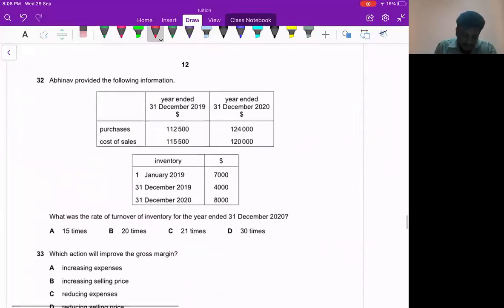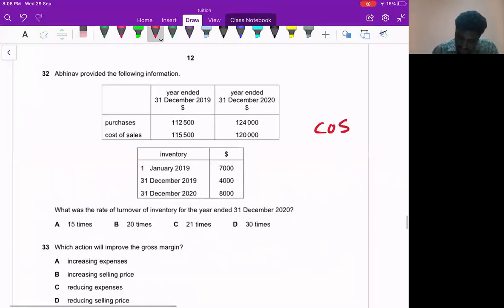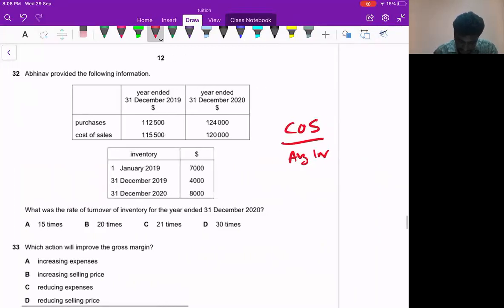Question 32. Abhinav provides the following information. What was the rate of inventory turnover on the 31st December 2020? The formula is cost of sales over average inventory. The cost of sales they already give you, 120,000, over average inventory.